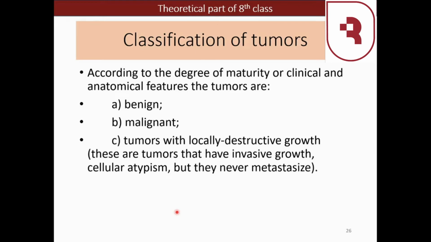The last type is typical, for example, for tumors of the central nervous system. These tumors have all characteristics of benign tumors, but they lead to a local destructive effect and to some life-dangerous conditions. Sometimes these tumors have invasive growth and cellular atypism, but they never metastasize. So sometimes it may be a malignant tumor without metastatic characteristics.